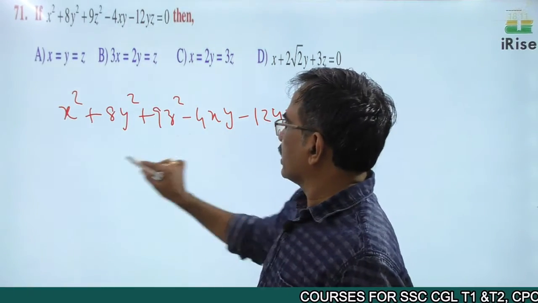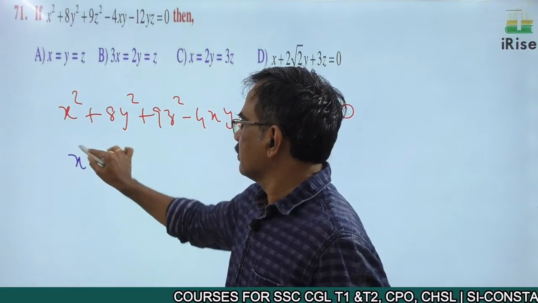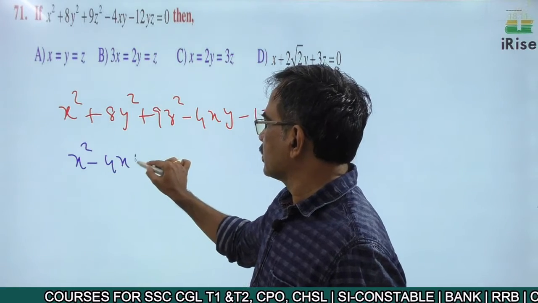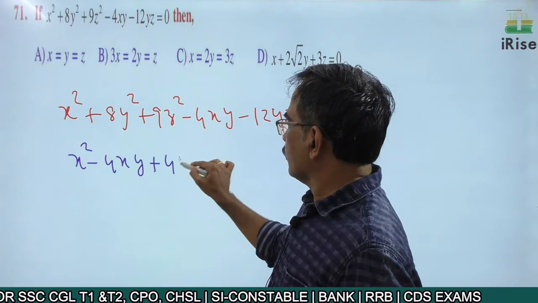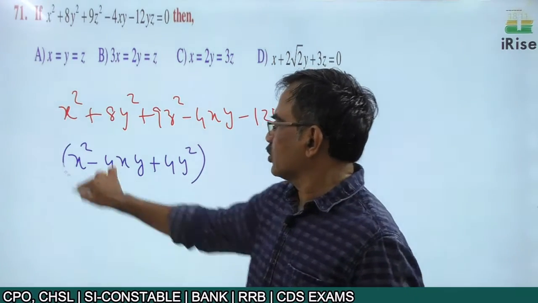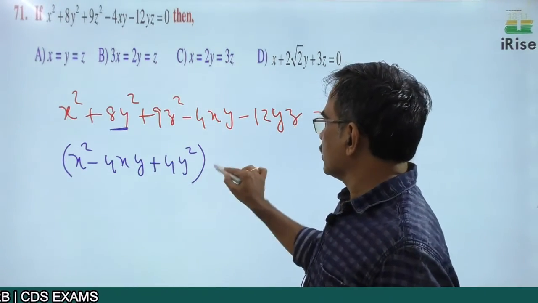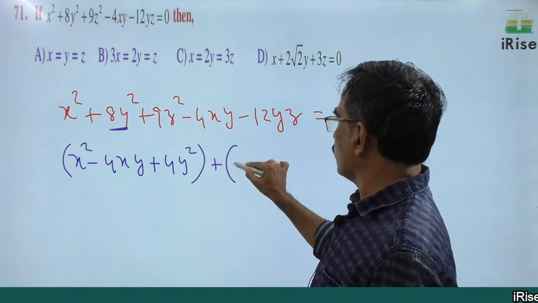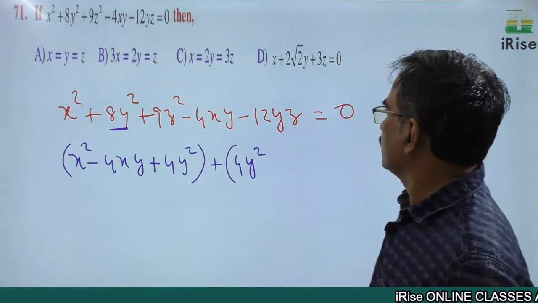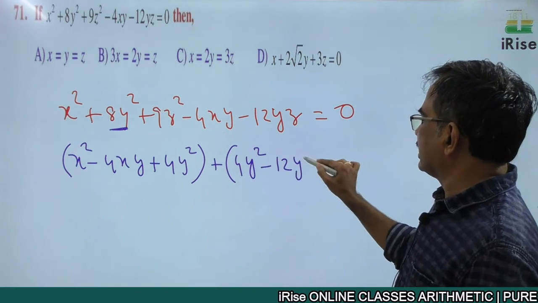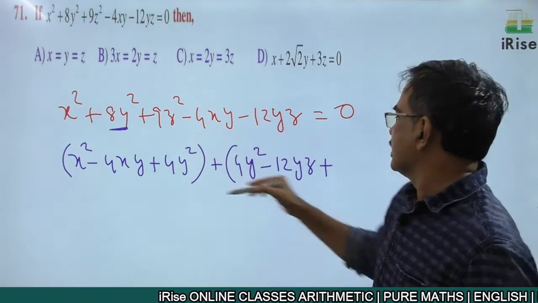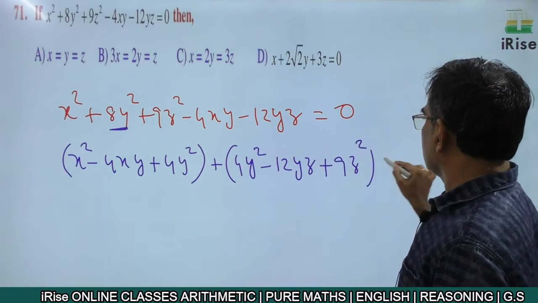Here minus 4xy, x square is given. x square minus 4xy, if you write 4y square, it becomes a perfect square. So this 8y square can be written as 4y square plus one more 4y square, minus 12yz plus 9z square is equal to 0.